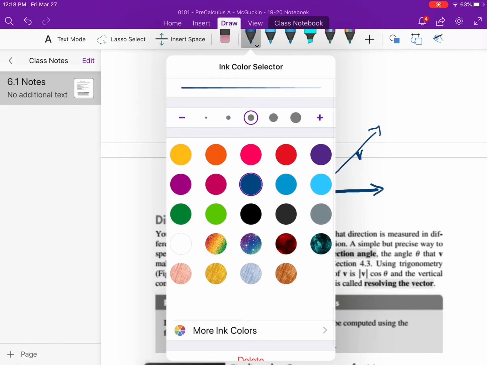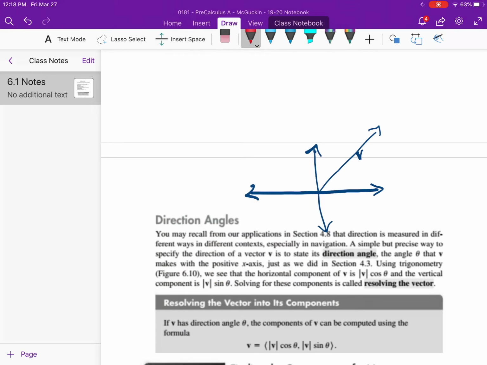Remember back in our trig discussions, cosine is that horizontal component, and sine is the vertical component. So I can represent the horizontal component of this vector v by taking the magnitude of the vector and multiplying it by the cosine of the angle theta.